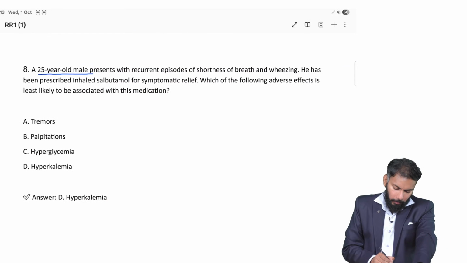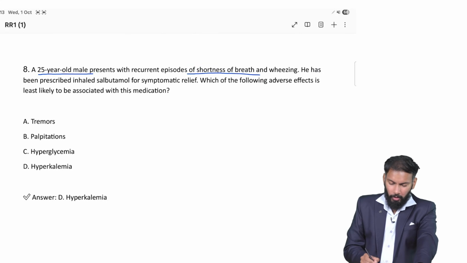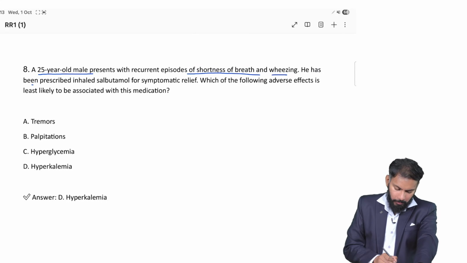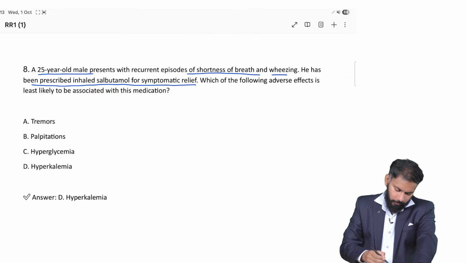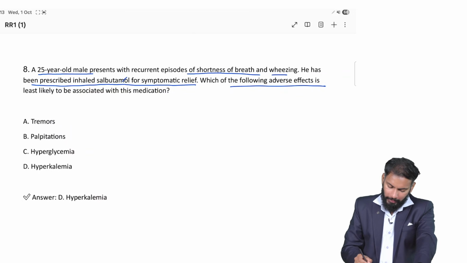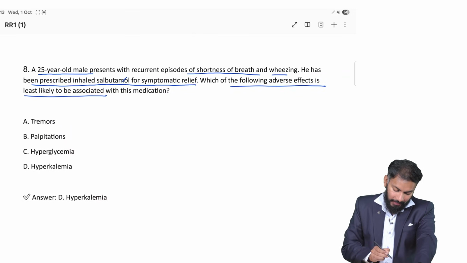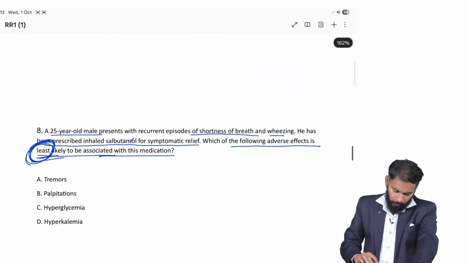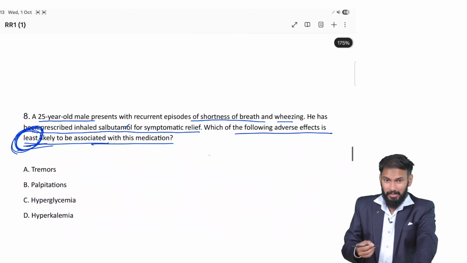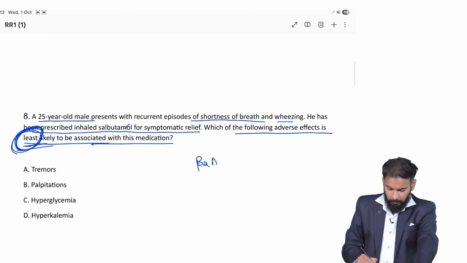A 25-year-old male presents with recurrent episodes of shortness of breath and wheezing. He has been prescribed inhaled salbutamol for symptomatic relief. Maybe he is having asthma and he's been given salbutamol. Which of the following adverse effects is least likely to be associated with this medication? Now, what is the person using? He is using a beta-2 agonist.